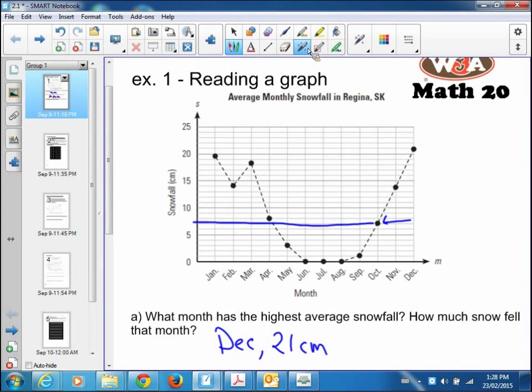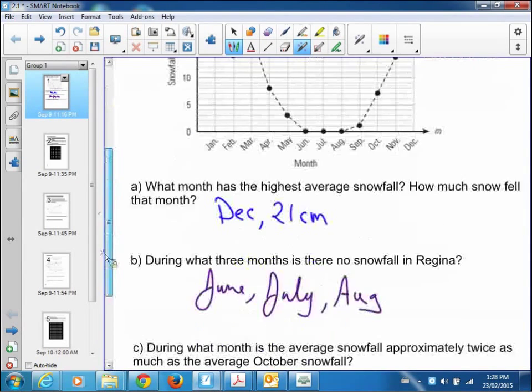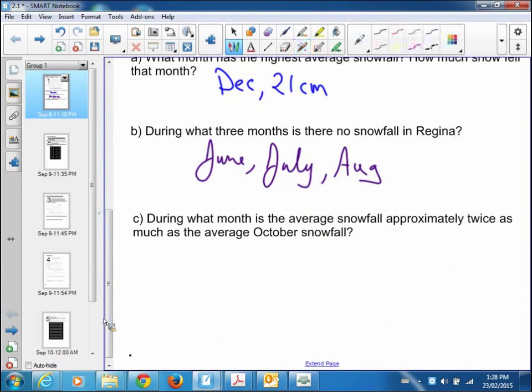So twice as much would be 14, right? You've got two possible answers, but January isn't one. November's a little under the 14, so maybe you go more likely with February. Since October is 7, twice that, the answer would be February.